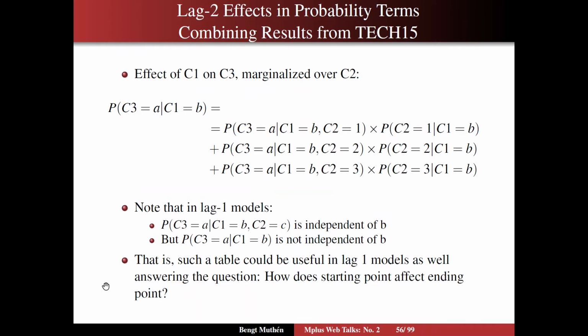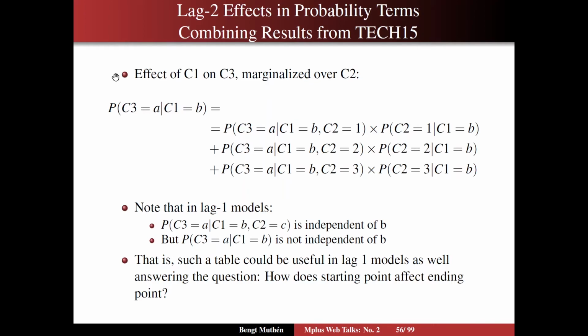So here then is how you would express these lag 2 effects in probability terms, where you combine different results that you find in Tech 15. What I'm going to show you, you have to compute yourself, say by Excel, but the building blocks are obtained in Tech 15. So let's think about the effect of C1 on C3.